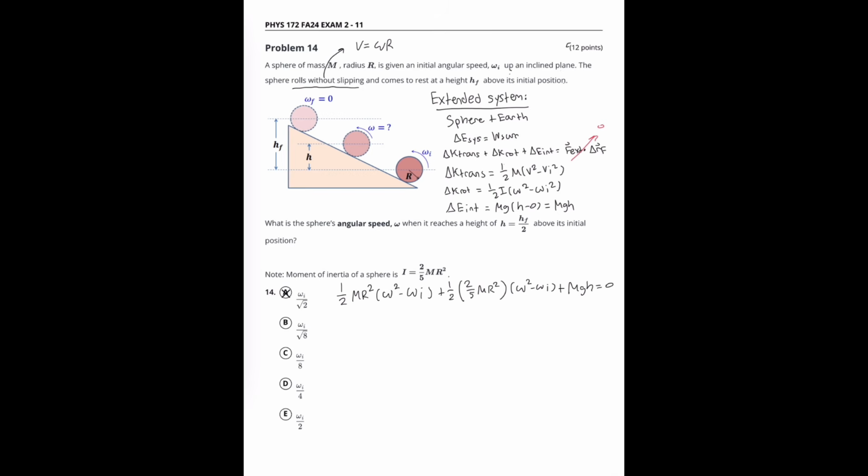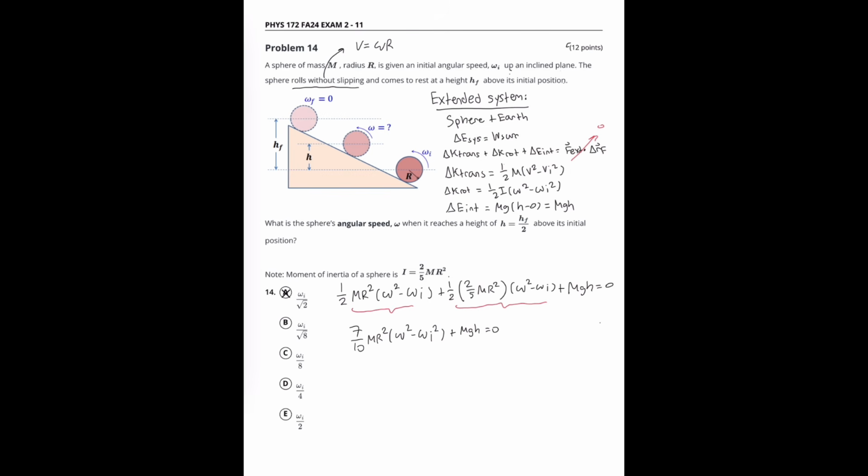So now that we have that, we can combine the first two terms here. So we get 7/10 m r squared times omega squared minus omega initial squared, plus mgh, is equal to 0.